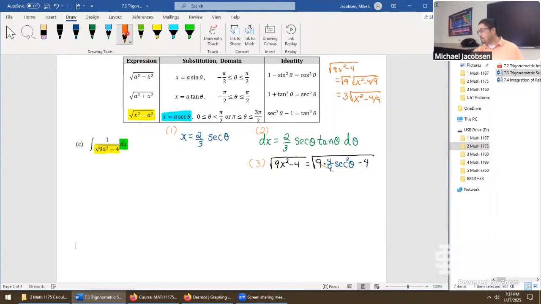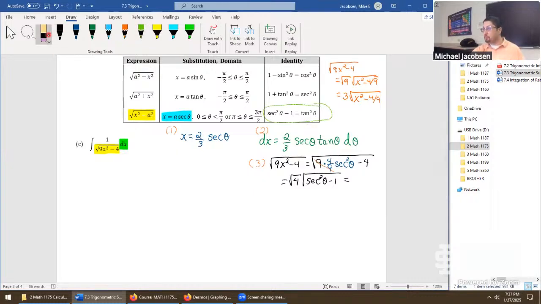So that cancellation happens. Now there's a 4 here and here, which means we can factor out root 4, leaving behind secant squared theta minus 1. And then the identity comes into play. The secant squared theta minus 1 now tells us we're dealing with the tangent squared.